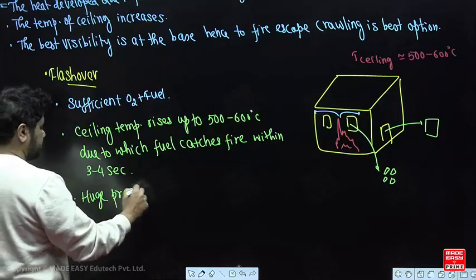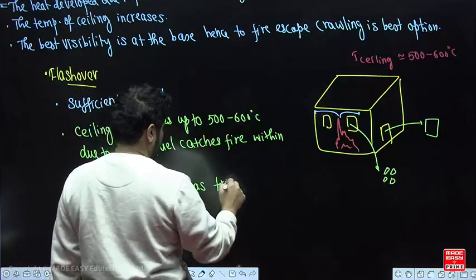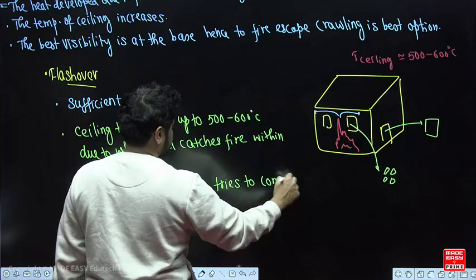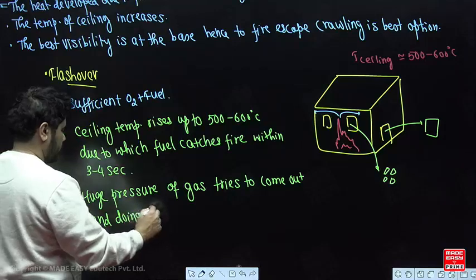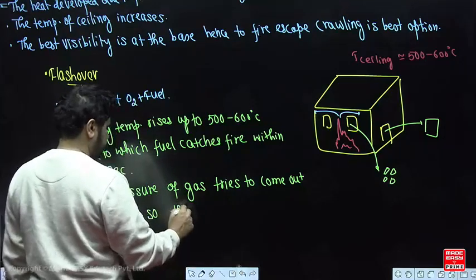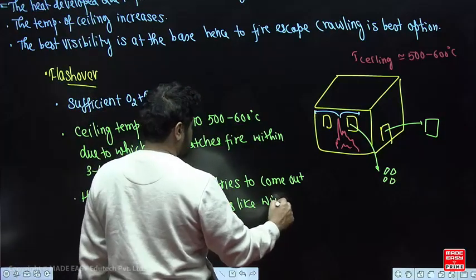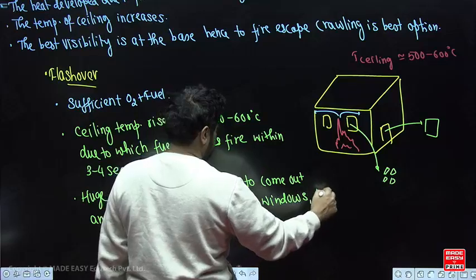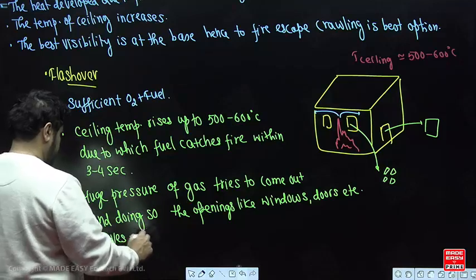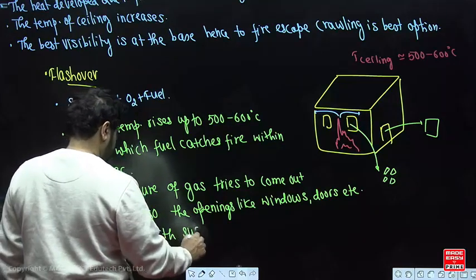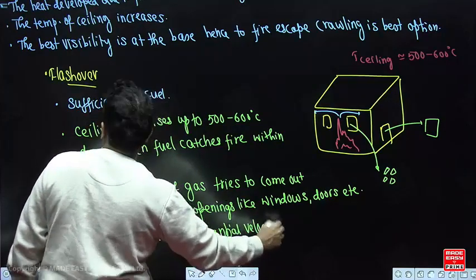Huge pressure of gas tries to come out, and in doing so, the openings like windows, doors, etc., move out with substantial velocity. That is basically called flashover.